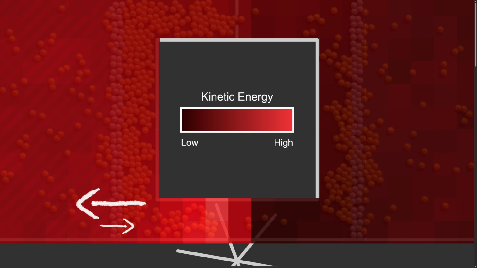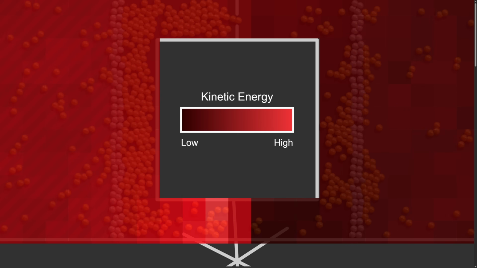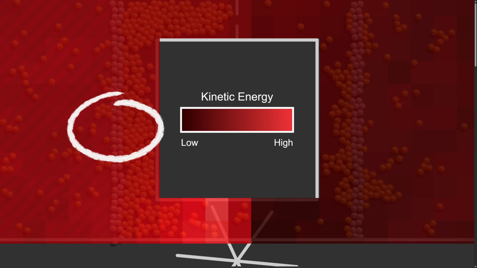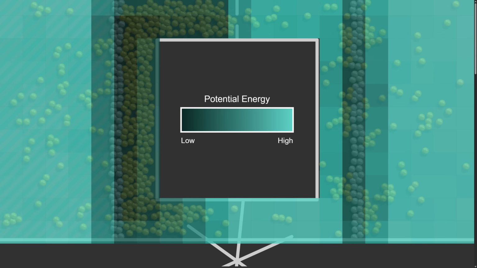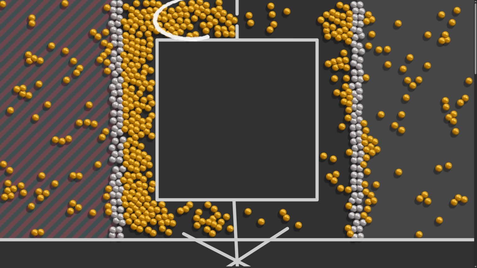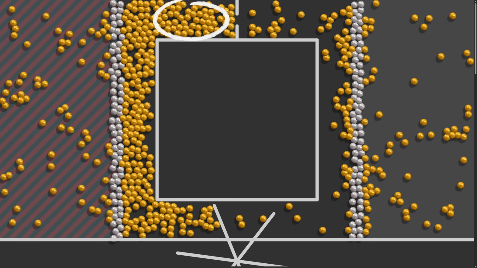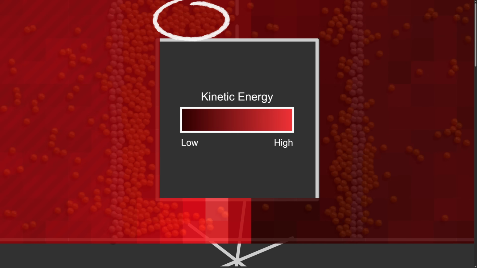And this equilibrates to a point where the atoms have the same kinetic energy on both sides of this wall. But crucially, the potential energy is still low because they're still close together. So at the end of this heat exchanger passage, we still have low potential energy and sort of medium kinetic energy.